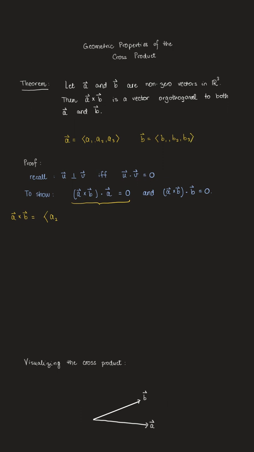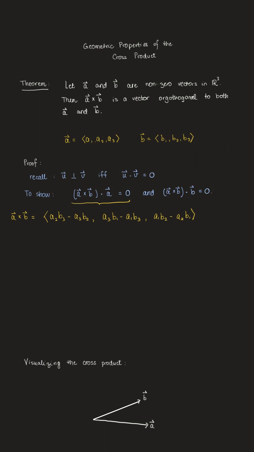Then A cross B is A2B3 minus A3B2. That is the first component of this vector. The second component is A3B1 minus A1B3. And the third component is A1B2 minus A2B1. That comes from doing the determinant with A and B.